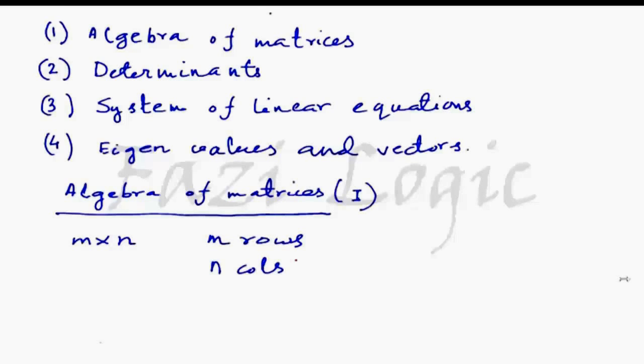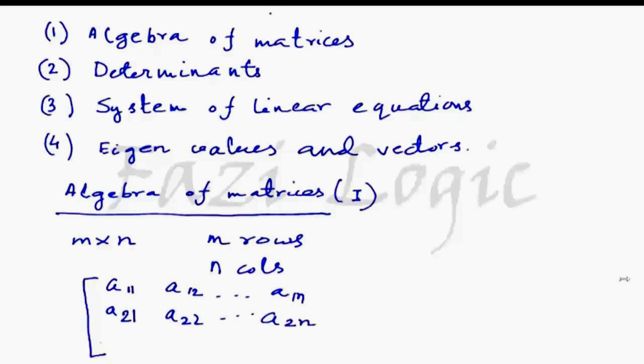It is written as follows: A11, A12, and so on A1n, A21, A22, like this A2n, Am1, Am2, Amn.